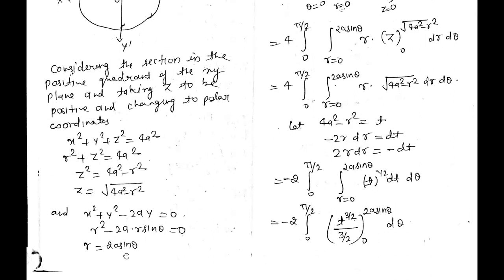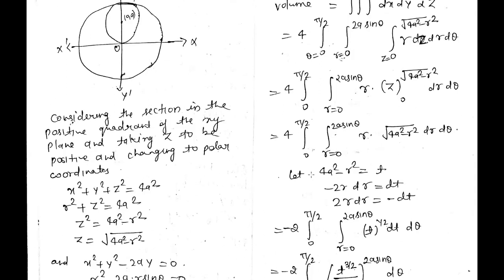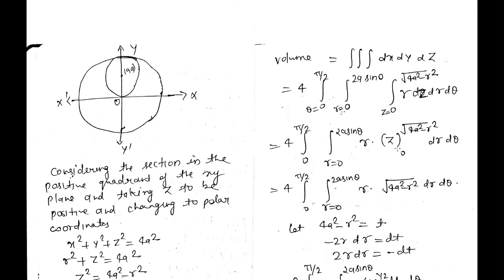That means the limit of r will be 0 to 2a sine theta. For the limit of z, we are taking d phi in place of dz. Now, volume is equal to the triple integration dx dy dz, and we know dx dy is r dr d theta. So the limit of z is 0 to the square root of 4a square minus r square, then the limit of r, then the limit of theta.